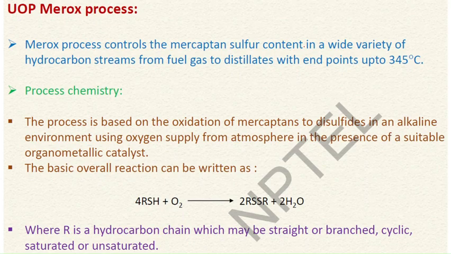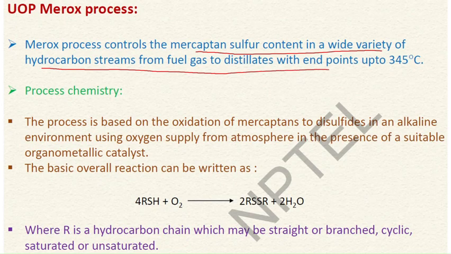It controls the mercaptan sulfur content in a wide variety of hydrocarbon streams, from fuel gas to distillates with end point up to 345 degrees C. So this Merox process can convert the mercaptans present in different hydrocarbon streams, ranging from fuel gas to distillates with a boiling point of up to 345 degrees C.